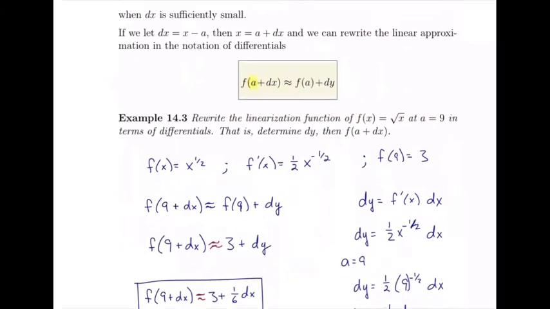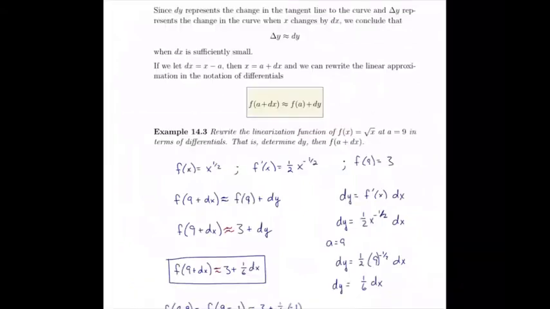A is going to be 9 here, and then we're going to say how far away from 9 are we going to deviate? And if we know how far away from 9 we deviate, then we can calculate approximately what the value of that function is by knowing its value at 9 plus dy, right?